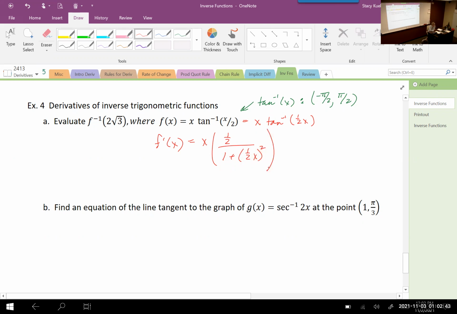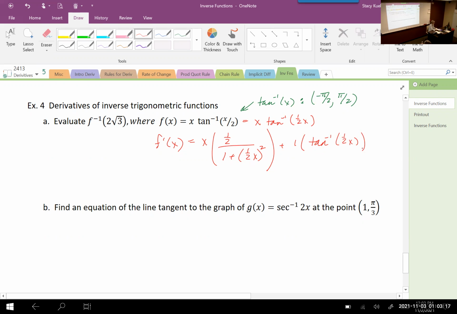So that set of parentheses right there represents the inverse tangent, and then we're going to say plus the derivative of the first. What's the derivative of x? All right, times the second, which is just inverse tangent of 1/2 x.